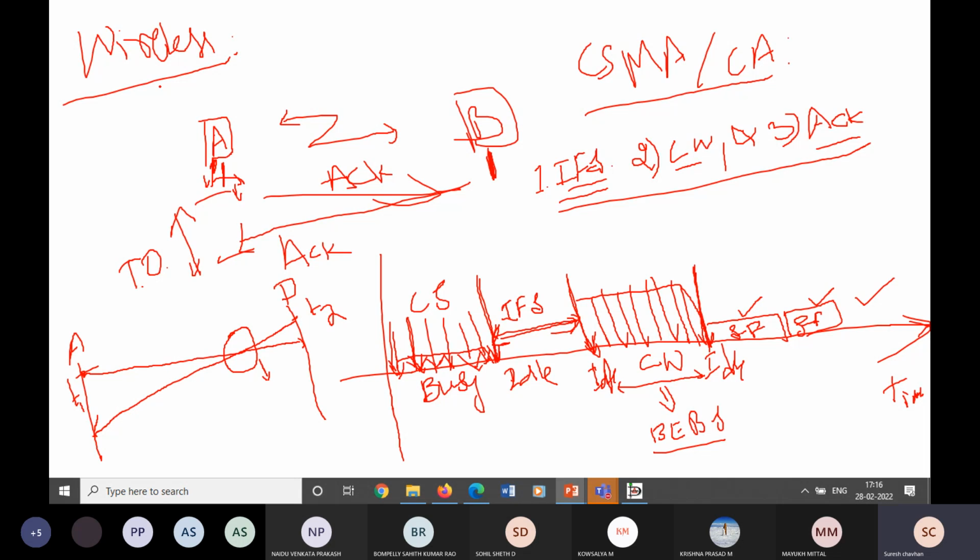So after the IFS time, the station again senses the channel, and if it is still idle, it can send the frame. But here it won't send the frame right away; it will wait for the contention window.